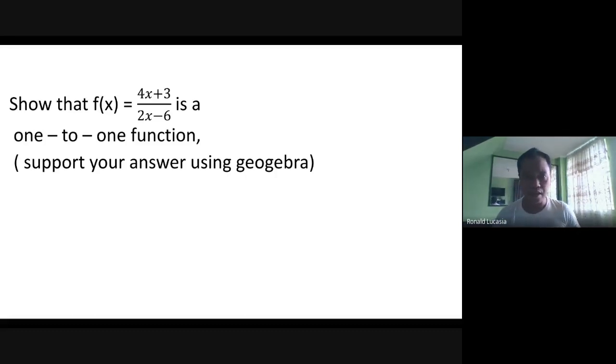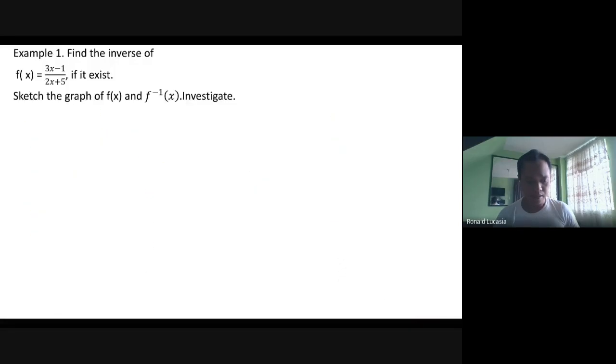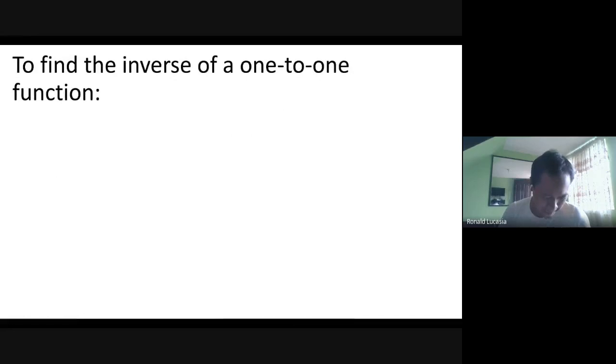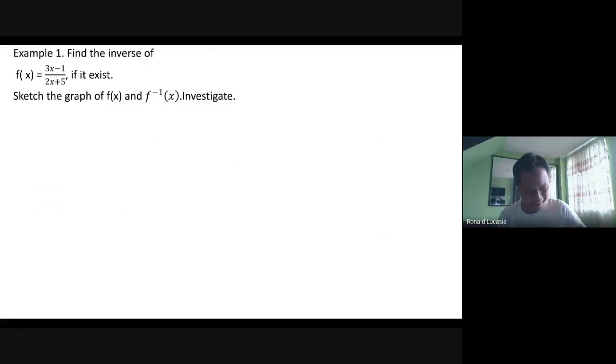Can I change the slide? Hala, tabura. Hindi ko siya na-save. Ulitin ko na lang.